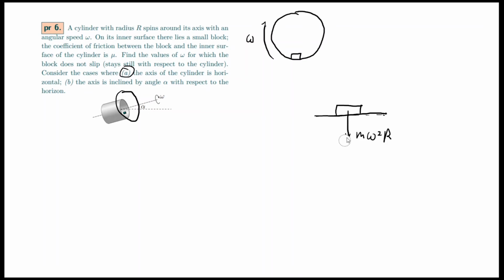And oh, it's a bit thick, so let me just reduce it. And there's also going to be gravitational force, and there's going to be the normal and friction force.